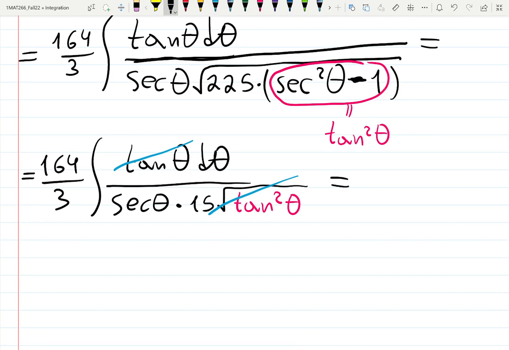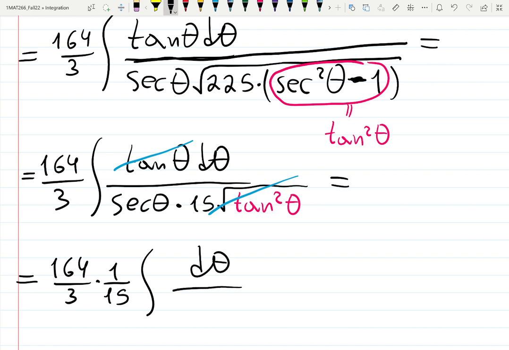So we're slowly shrinking the integral by having this clever factoring and substituting and simplifying. Let's add 1 over 15 outside of the integral, and we end up with d theta over secant theta. So we shrank all this horrible integral into just 1 over secant theta.